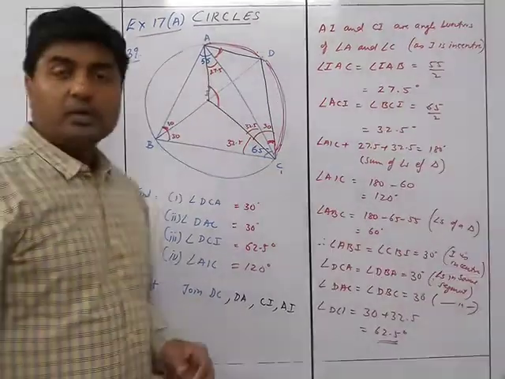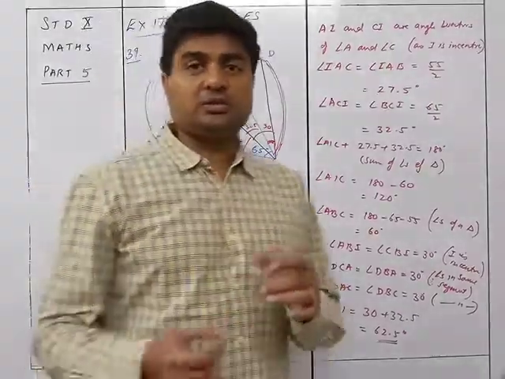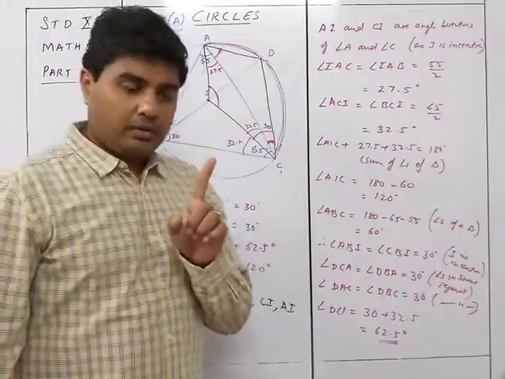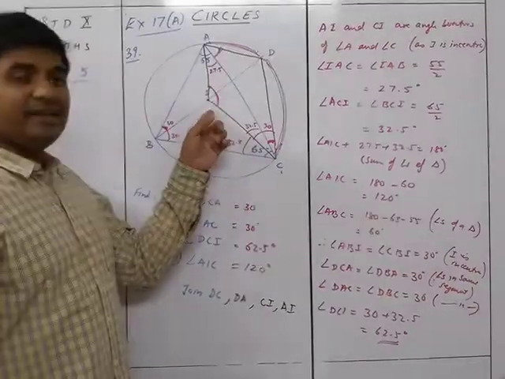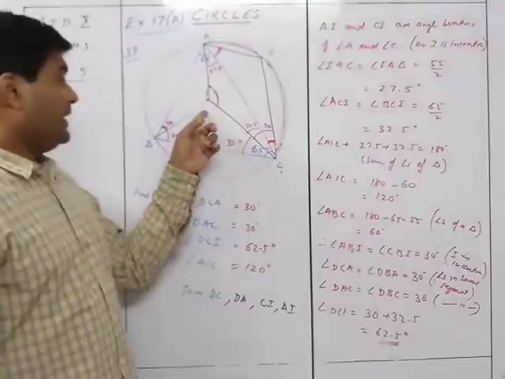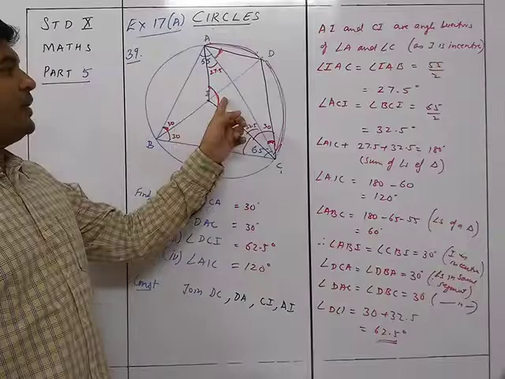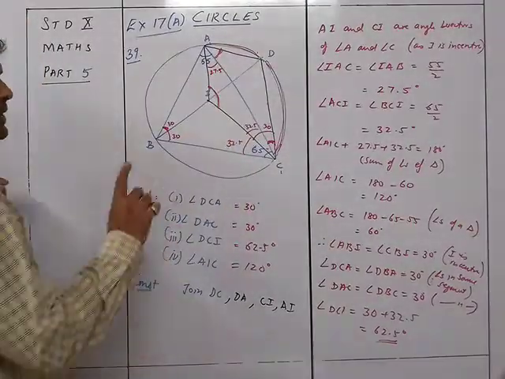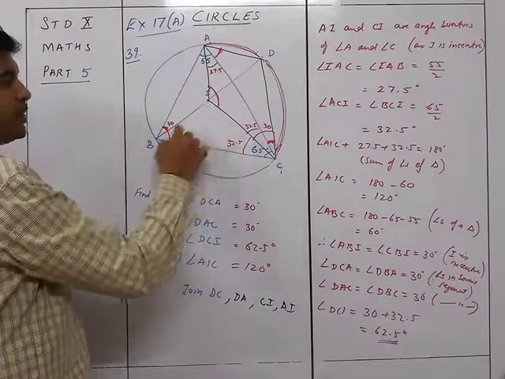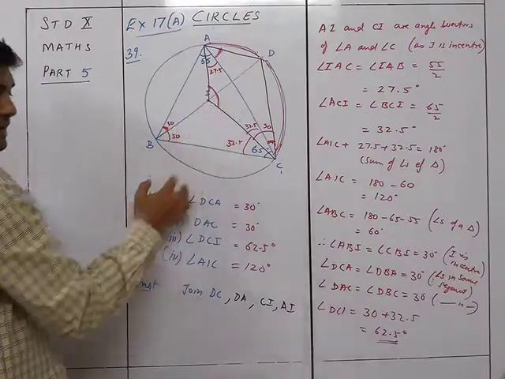Understood? Quite a tricky sum because of the mistake you could make. You may take this as the center of the circle and then say that if this is 60 then this is 120, but it is not like that. You will be in deep trouble when you do that, because I is not the center of this circle.